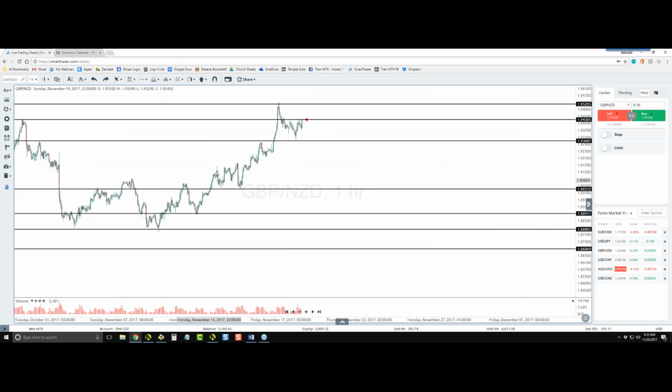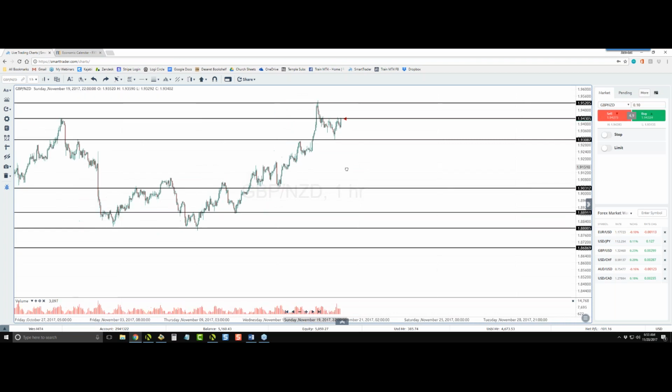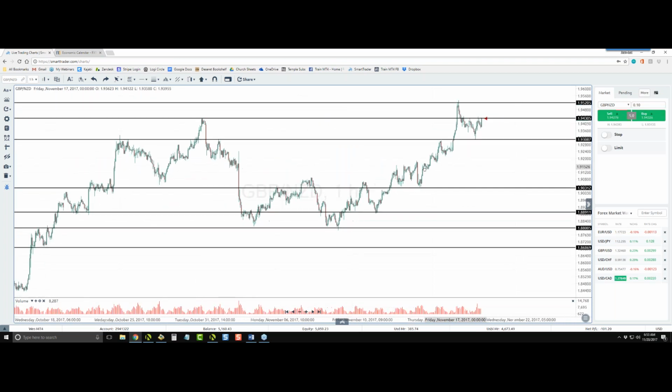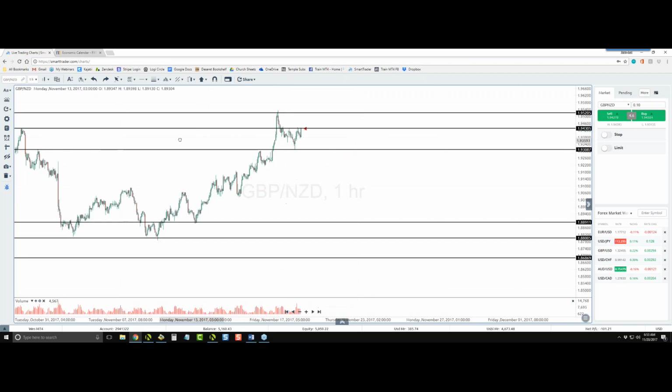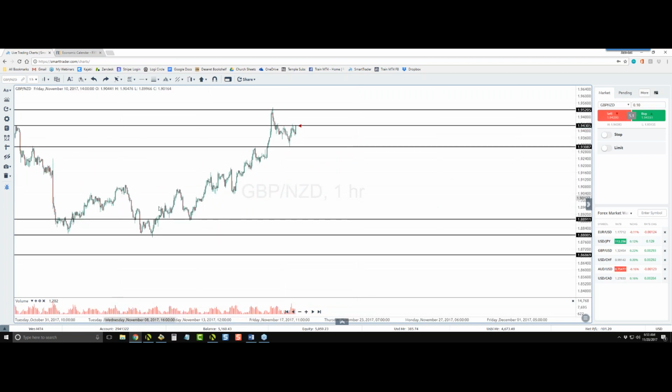Okay, but I'd like to put some Fibonacci levels on here just so that we can feel a little bit better about some of these lines. This one right here isn't too bad, but I don't like it, because it's been crossed and these two levels here were really the only times that it was tested.